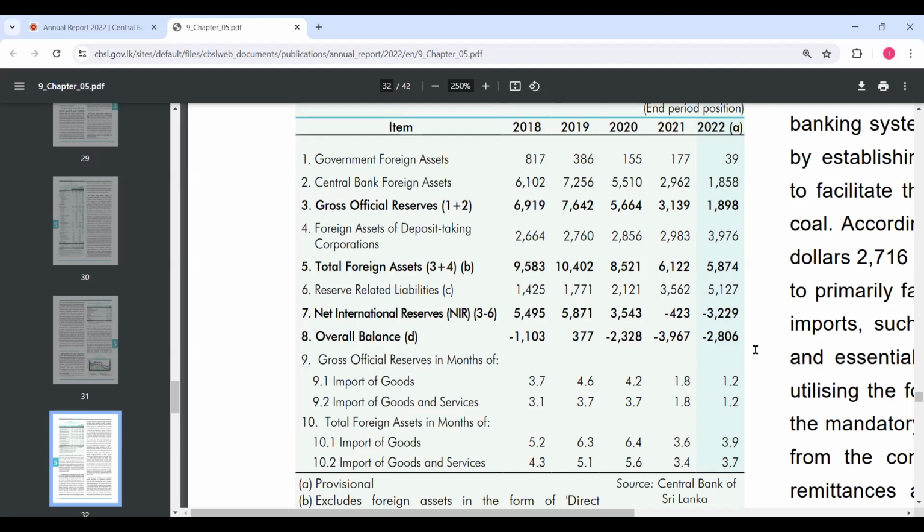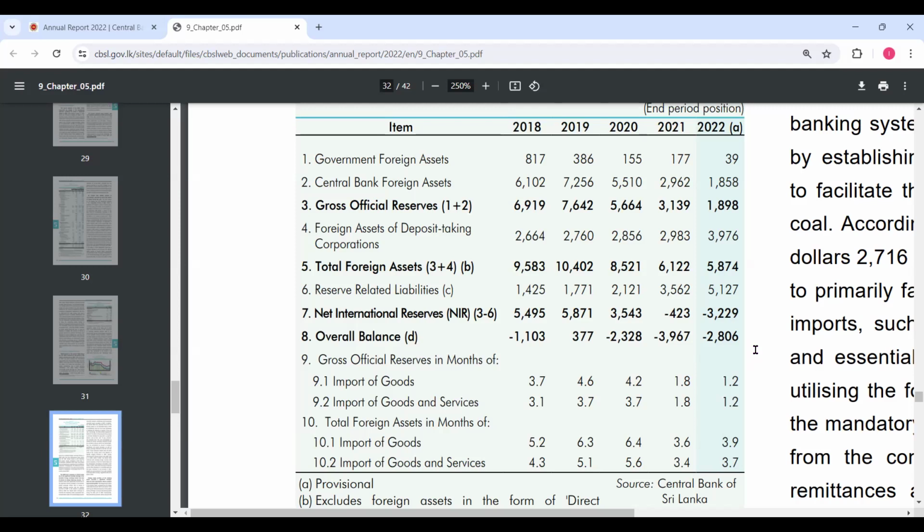Okay. 3,299. What is that? That is the value for 2022 net international reserves. From that, minus the opening balance. The opening balance is what we had in 2021. How much did we have in 2021? 423.